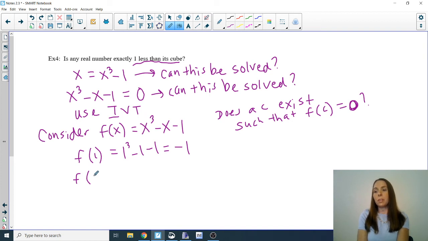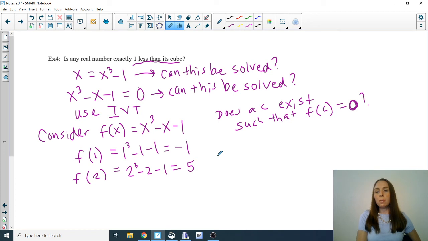So let's come up with a number that you could put in for x, like 2. That'll give us something bigger than 0. So 2 cubed minus 2 minus 1, what's that? All right, so that's 8 minus 2 minus 1. What's that get us? 5.